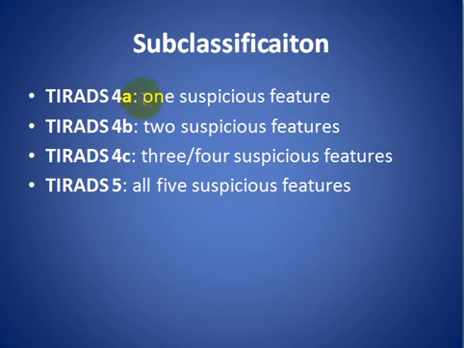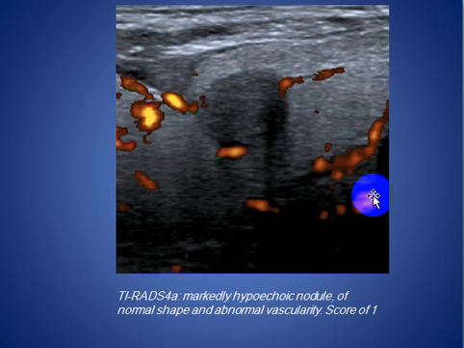If it is one criterion associated with the nodule as mentioned before, it is type 4A. If it is two criteria, it is type 4B. If it is 3 or 4 criteria, it is type 4C. Or if it is all suspicious features mentioned previously, it is TIRADS type 5.